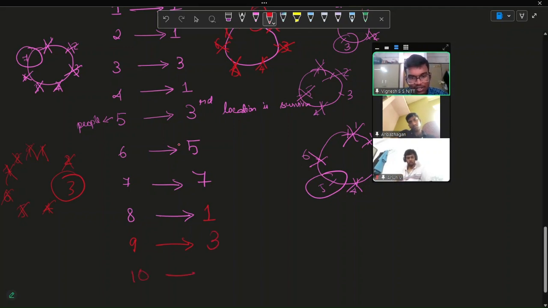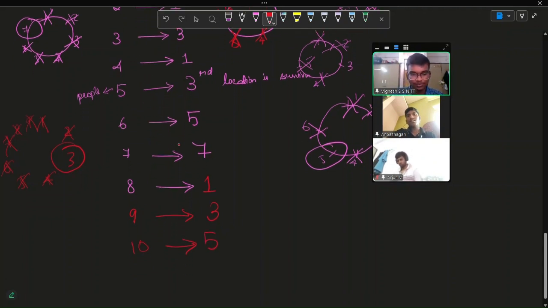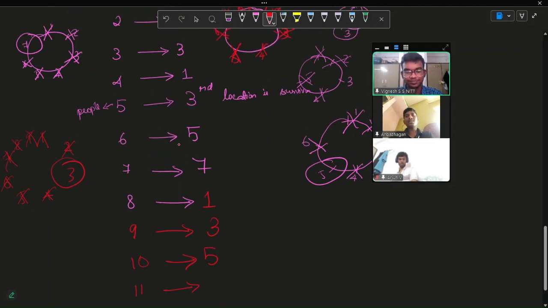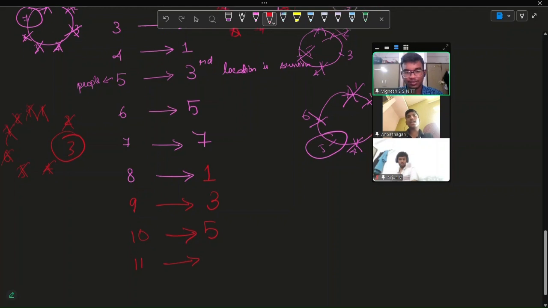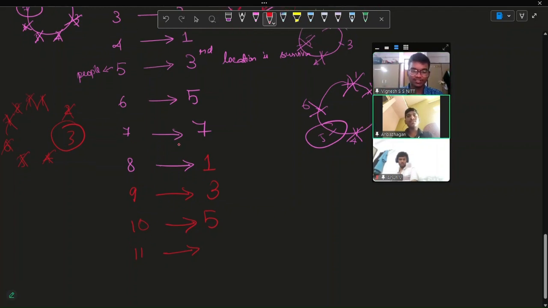So for 10, what do you think is the solution? 5. How did you say that? Can you explain? In the previous cases, first it starts with 1, next 1, 3, next 1, 3, 5, then 7.